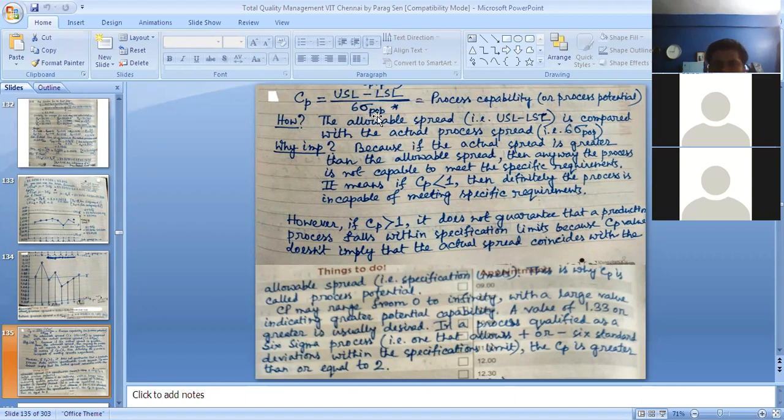We always want that. Only in that case Cp will be greater than 1, when the numerator is greater than the denominator. The numerator is the allowable process spread, so the allowable process spread has to be greater than the actual process spread. This is the meaning of Cp greater than 1.